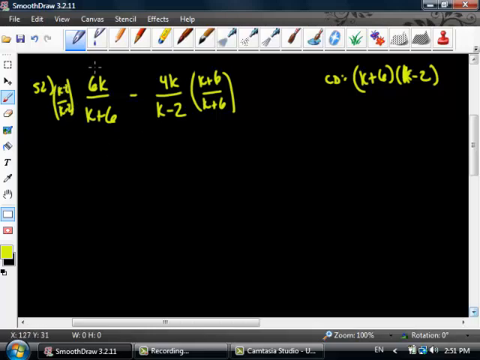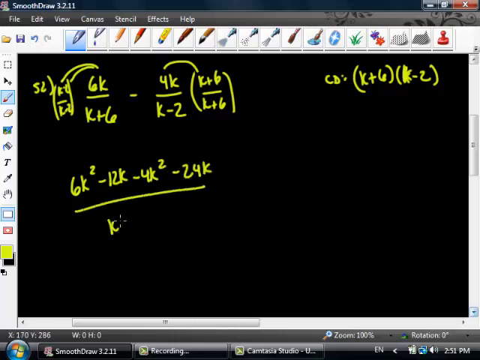So now I'm going to distribute this in. I get 6k squared minus 12k. I'm going to distribute in a negative 4k, so I get negative 4k squared minus 24k, all over my common denominator, which is k plus 6 and k minus 2.